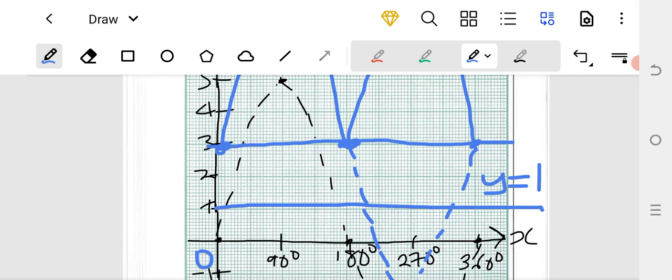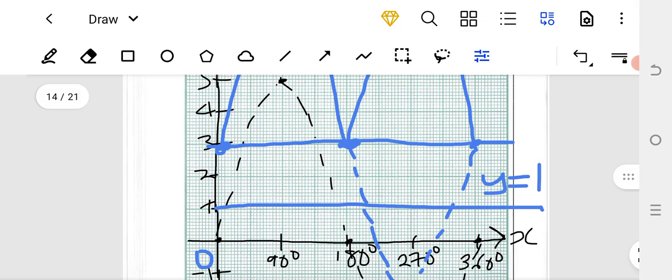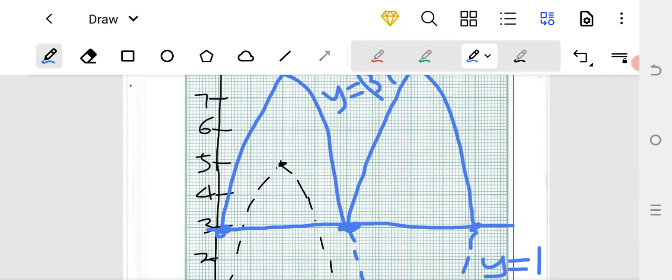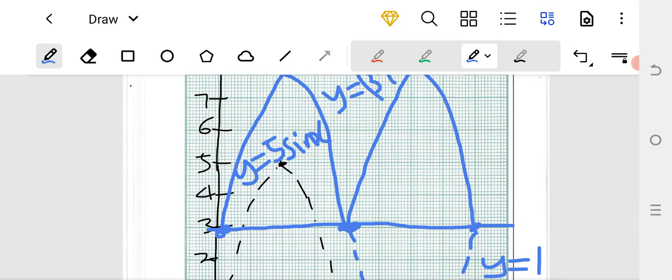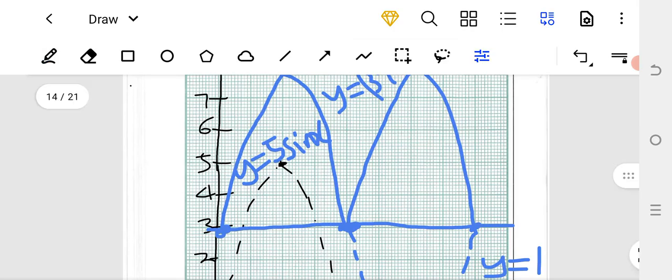Okay? So to know the number of solutions, first of all, your y is equal to 5 sine x is this one here. So let me name it. Y is equal to 5 sine x. This one that is dotted, the black one, okay?